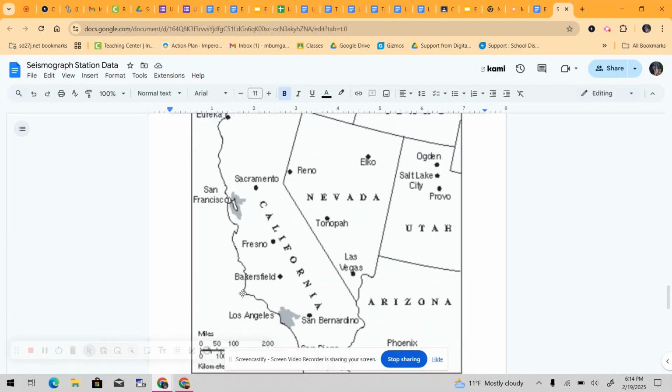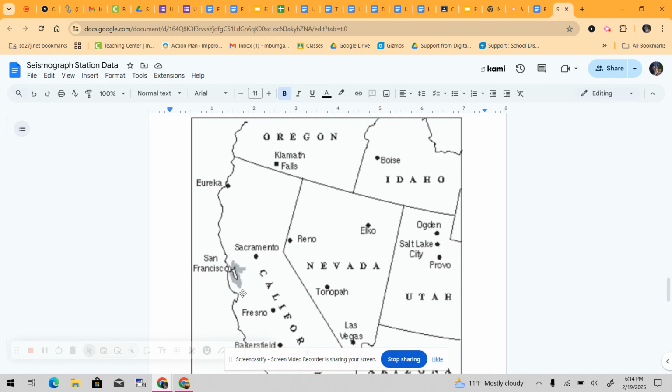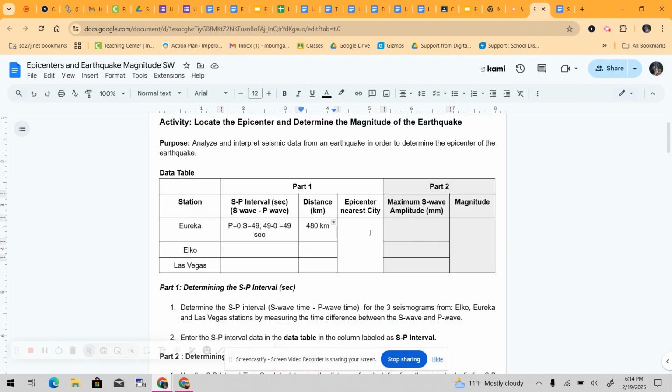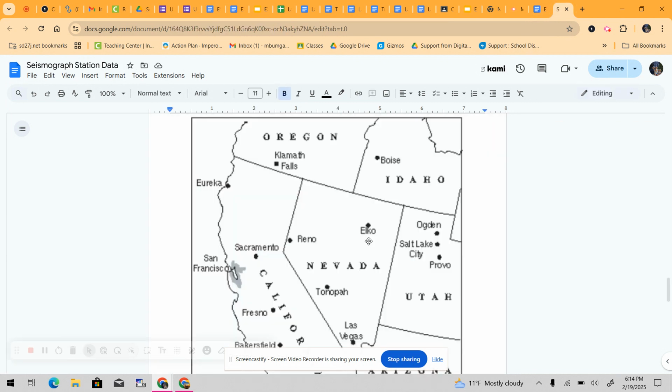Now, what we're going to need to do is draw a circle around each of our stations that measures the distance that station is from the epicenter. So, for example, we know Eureka Station is 480 kilometers away from the epicenter. So we need to draw a perfect circle at 480 kilometers from Eureka.